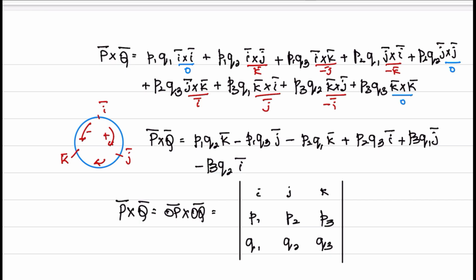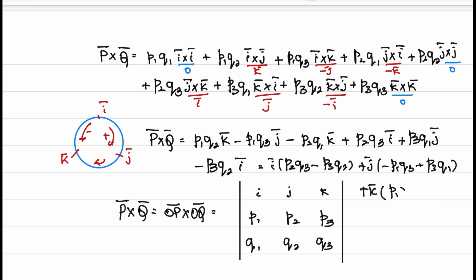This can be written as I into P2, Q3 minus P3, Q2 plus J into minus P1, Q3 plus P3, Q1, plus K bar into P1 Q2 minus Q1 P2.